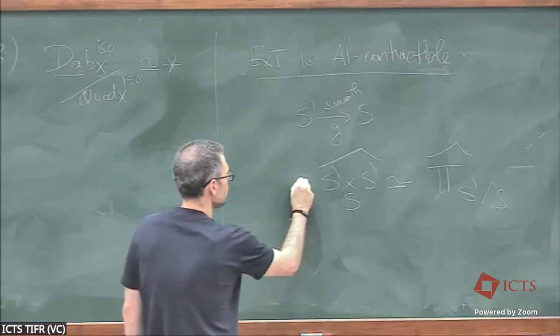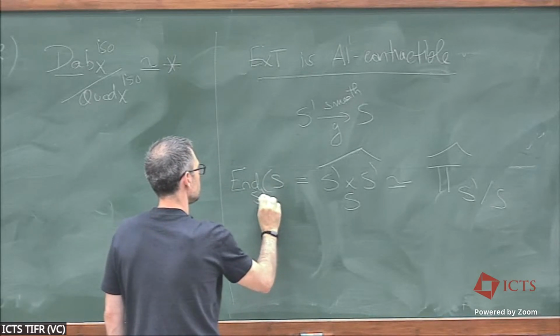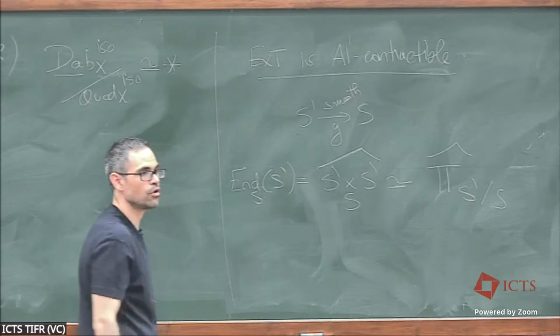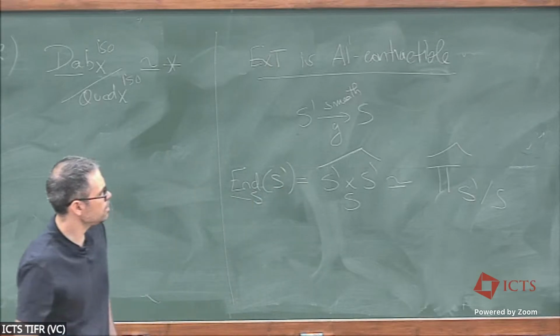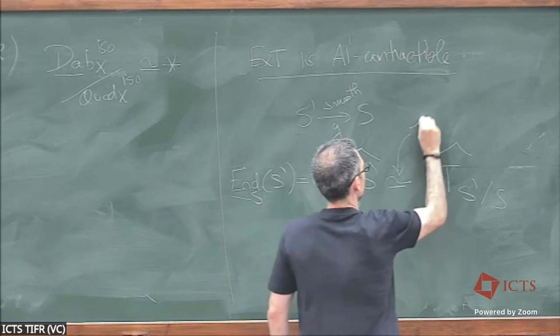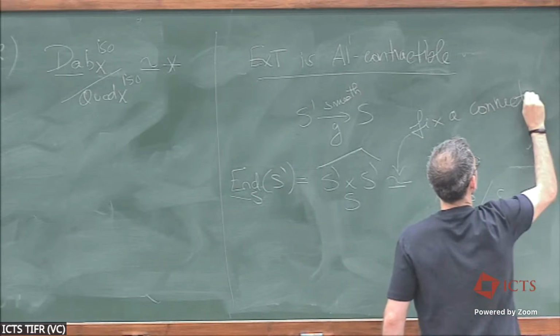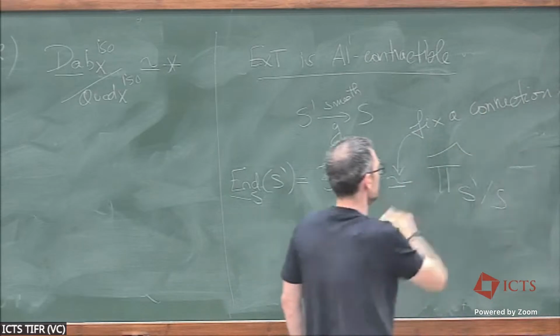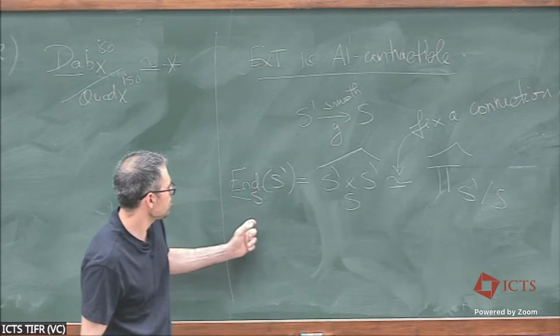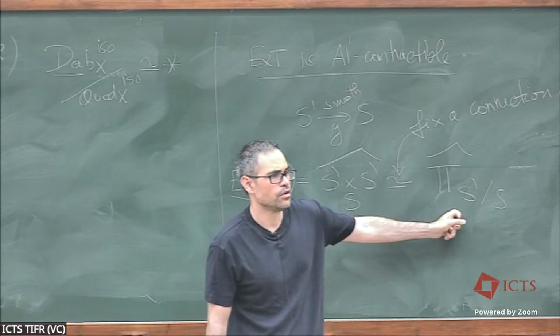So in the way this works, you can think of these endomorphisms of S prime over S as a stack of endomorphisms. And essentially, we're fixing a connection. And essentially what we're saying is that if I have an endomorphism, it comes from the flow of a vector field.